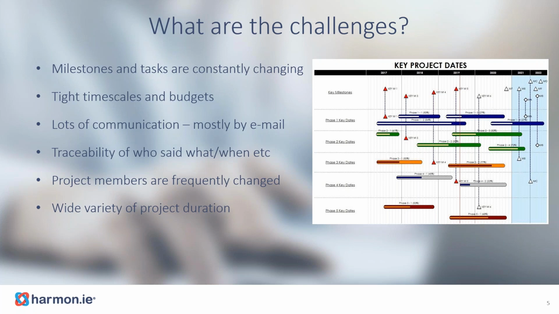But I think something that's common amongst all projects is, you obviously put a plan together and you have a budget for that and a timescale. Those change, and typically a lot of projects end up overrunning or overspending, and it's important to know where the overspend or where the delays actually were, so that you don't make the same mistakes again for your next project, because obviously you could have lots of different projects on the go at any point in time, and they're all at different stages of their project life cycle.